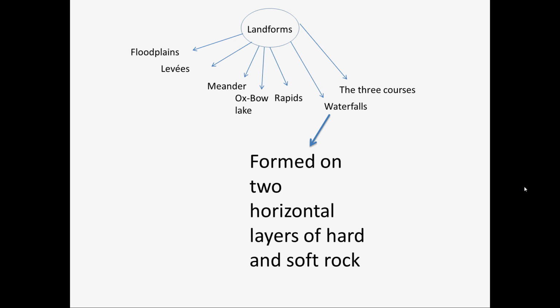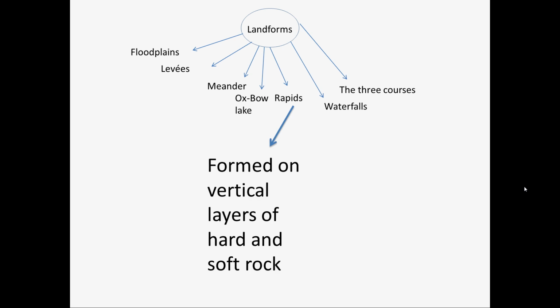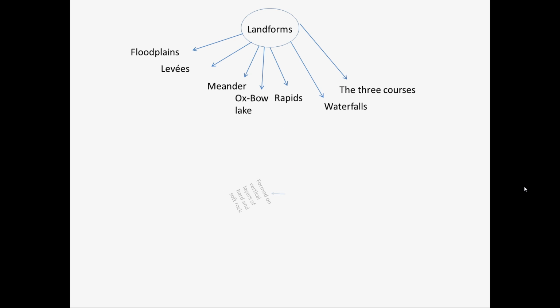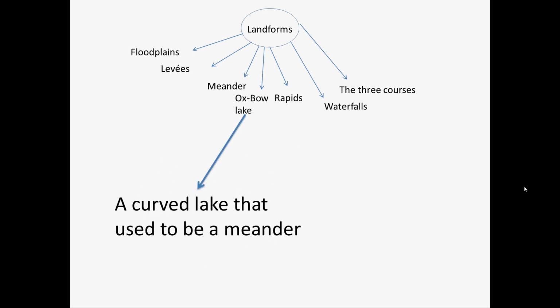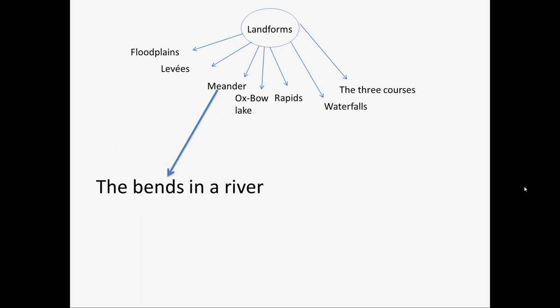Then you've got rapids, which are formed on vertical layers of hard and soft rock, a bit like mini waterfalls. Oxbow lake is the next one, which is middle course. It's a curved lake that used to be a meander, and meanders are the bends or the curvy bits in the river.